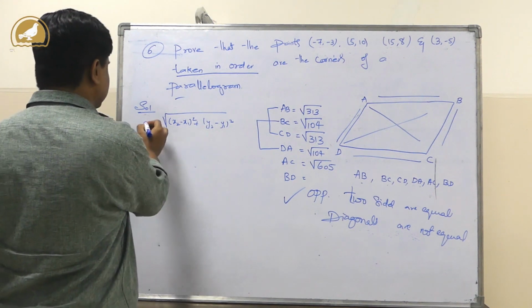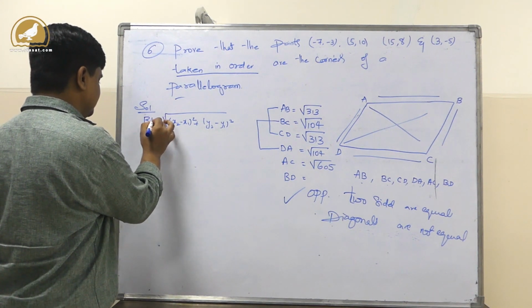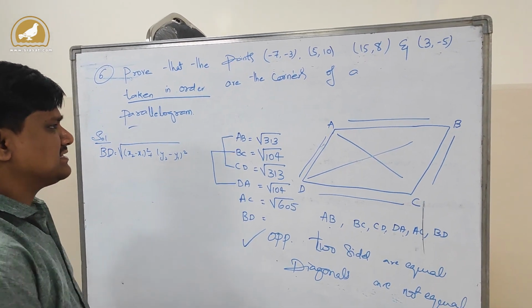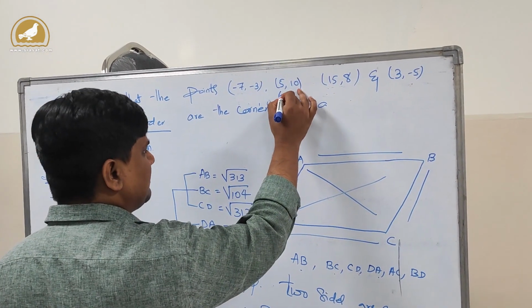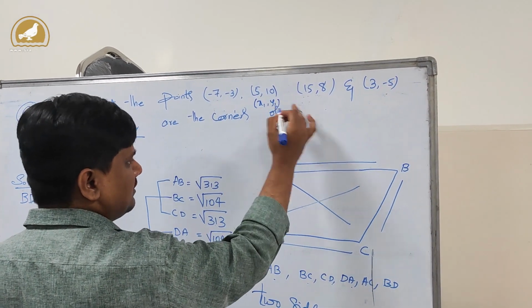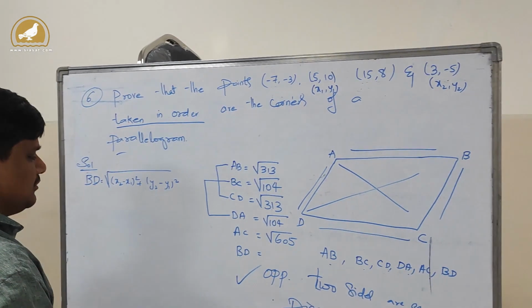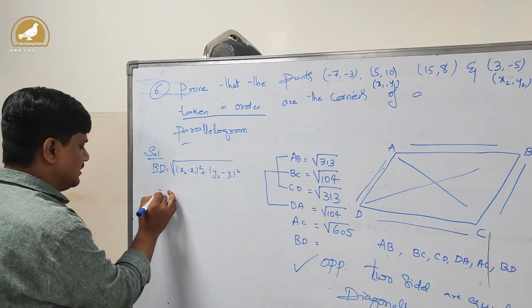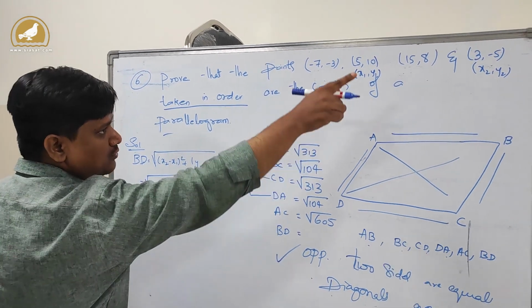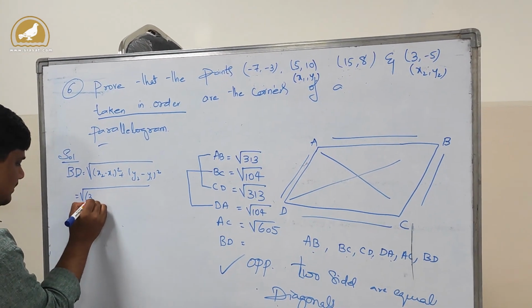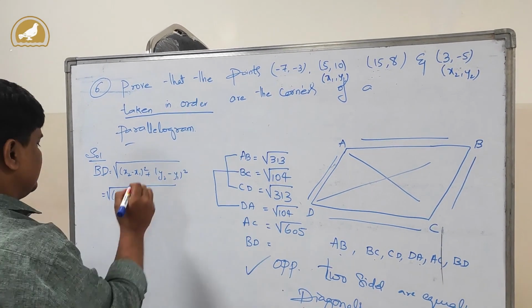Now we need to calculate the distance between B and D. When we are calculating the distance between B and D, B will become x1, y1 and D will become x2, y2. So we need to substitute in the same formula. The x2 value is 3 minus x1, which is 5, so minus 2 square.